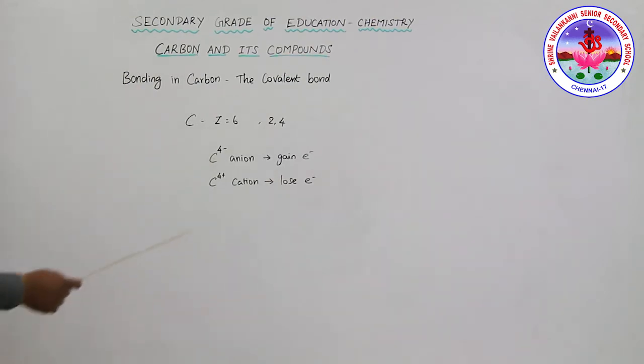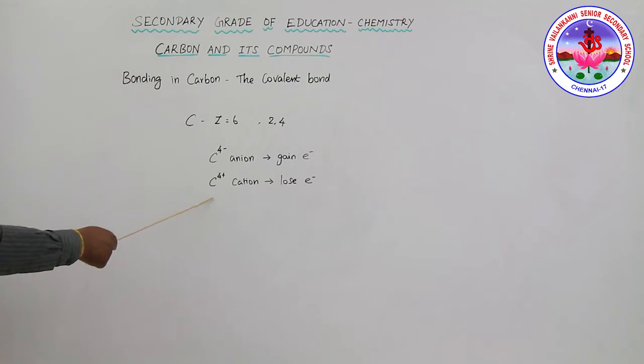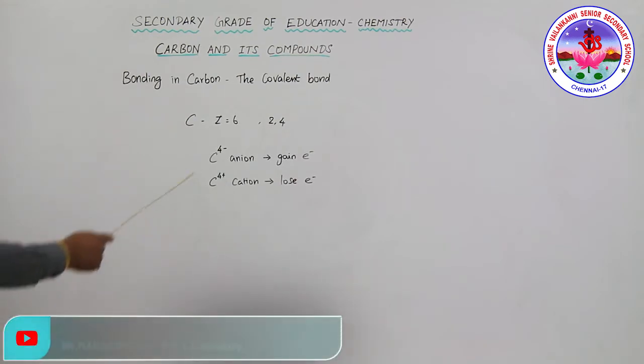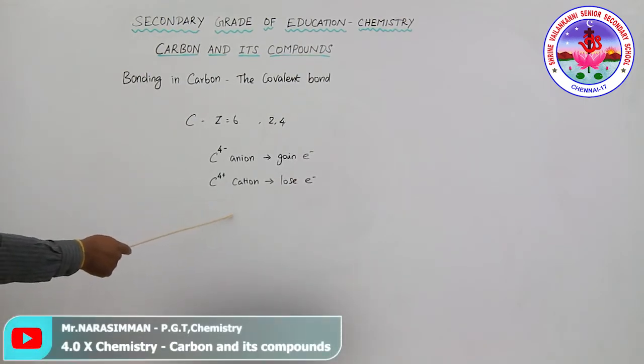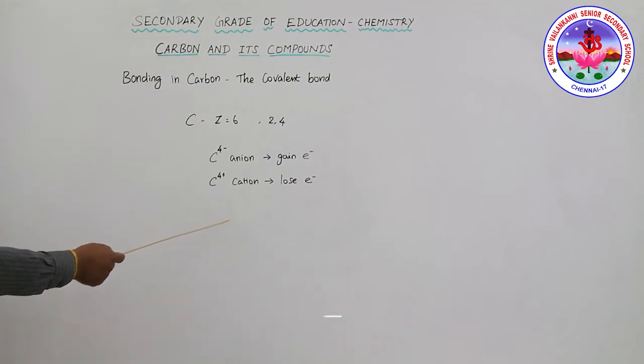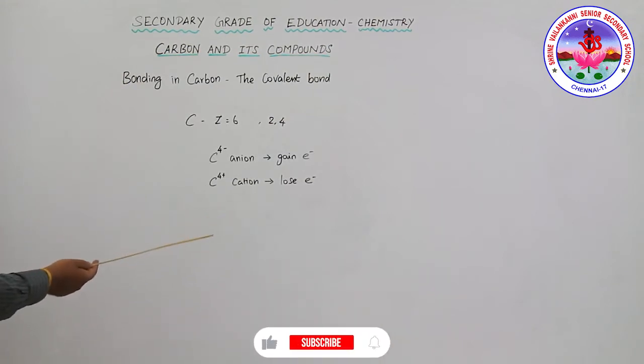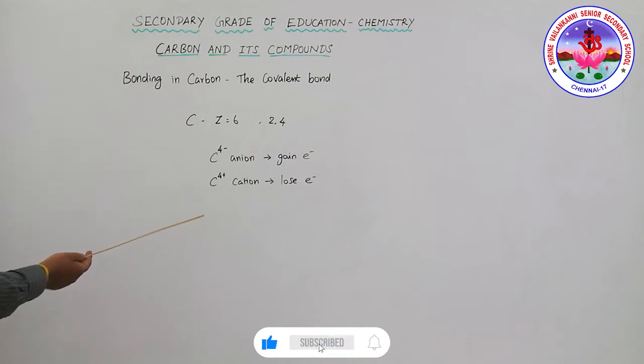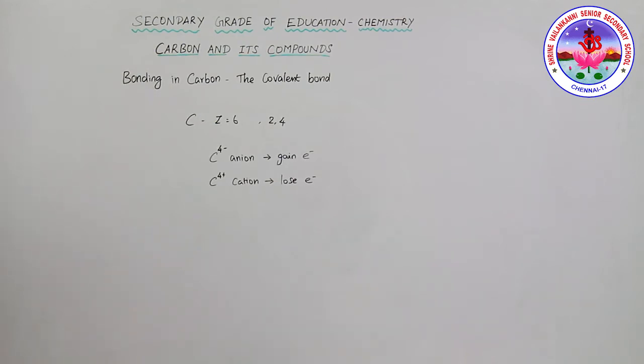Suppose it loses 4 electrons, forming the C4+ cation. But it would require a large amount of energy to remove 4 electrons, leaving behind a carbon cation with 6 protons in its nucleus holding on to just 2 electrons.